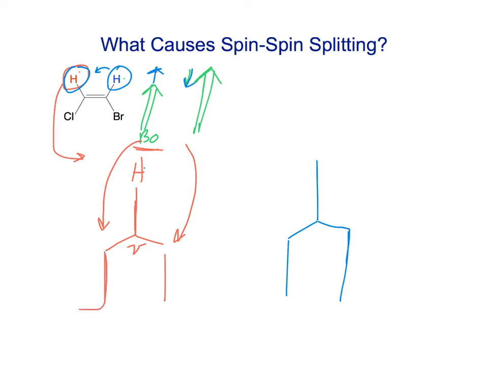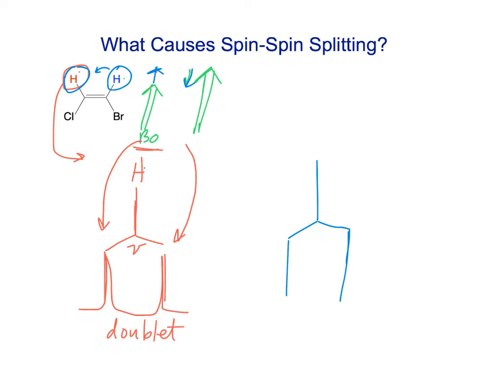Something like this. 2 peaks is called a doublet. So in the spectrum for a molecule like this, we would see 2 doublets. Their chemical shifts would be somewhat different because one is bonded next to chlorine and one is next to a bromine. So we'd see 2 peaks like this.